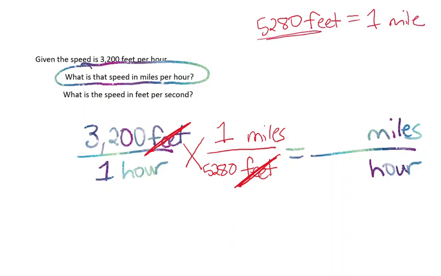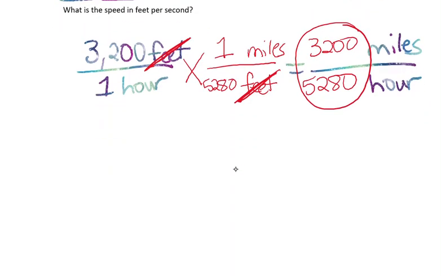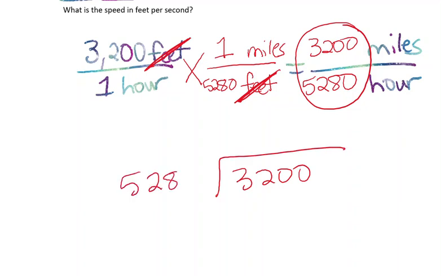Wherever I put feet, 5,280 has to go with that. Now I can multiply. 3,200 times 1 is 3,200. 1 times 5,280 is 5,280. So then this turns into a division problem. So now I know I need to divide 3,200 divided by 5,280 to be able to get my answer in miles per hour.